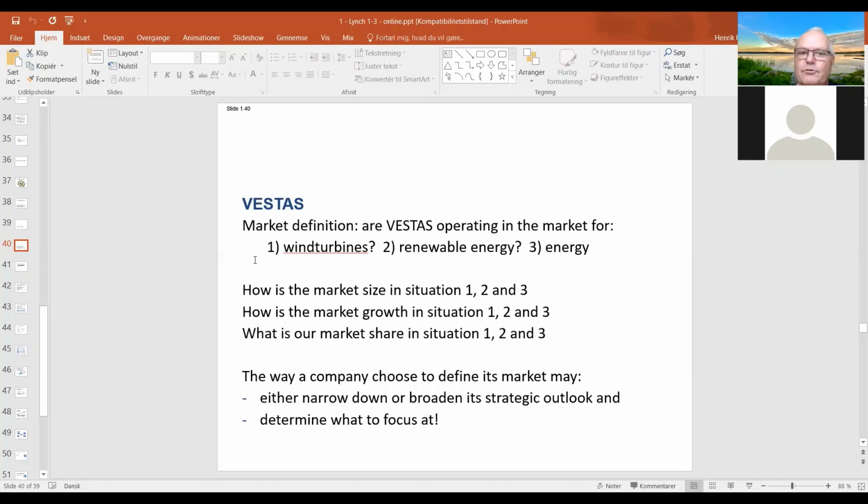Then if they decide that they are in the market for wind turbines, and they start to make strategies based on that, and they start to make analysis of the environment, then the way they think and the way they analyze the environment will be affected by the pure idea that the way they define the market is wind turbines.